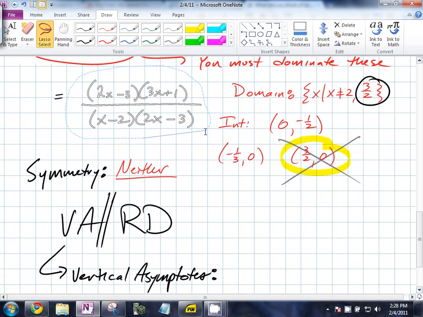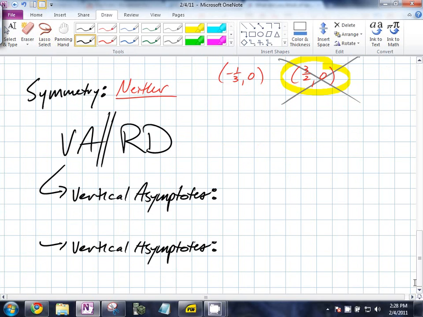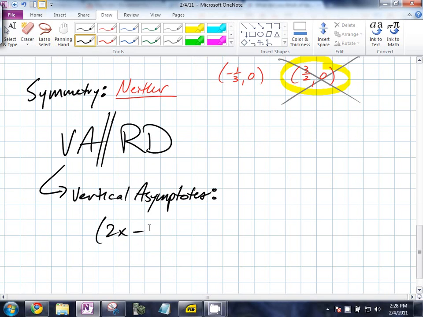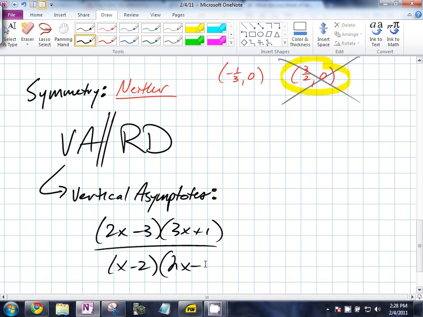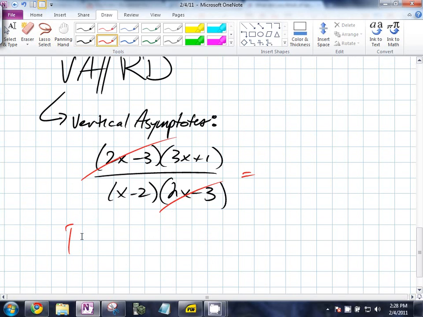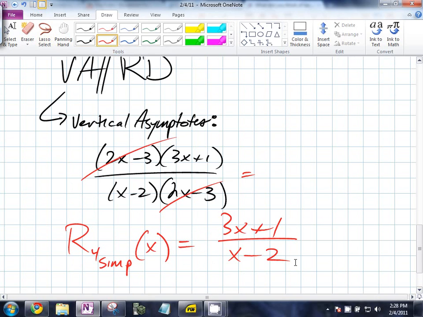We have 2x minus 3 times 3x plus 1 over x minus 2 times 2x minus 3. What cancels? Yeah, those cancel, and you're left with, we're going to call this R4 simplified in terms of x. What is it? 3x plus 1 over x minus 2. We've now fully simplified this.